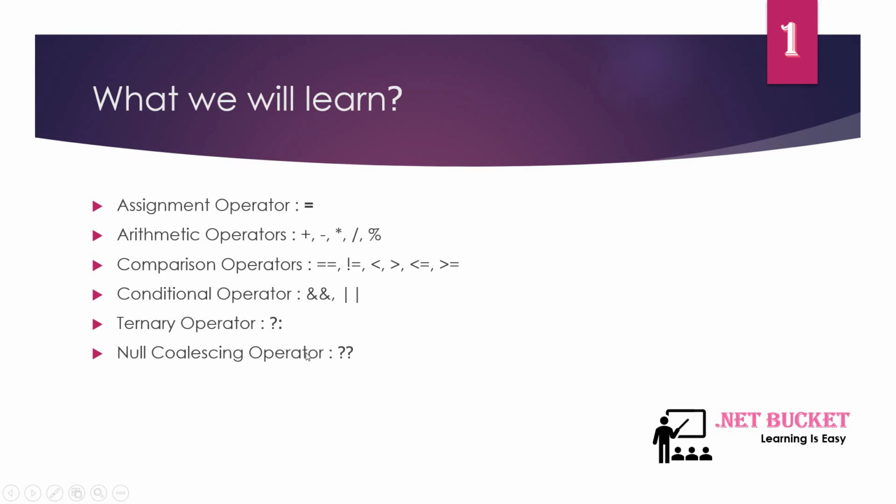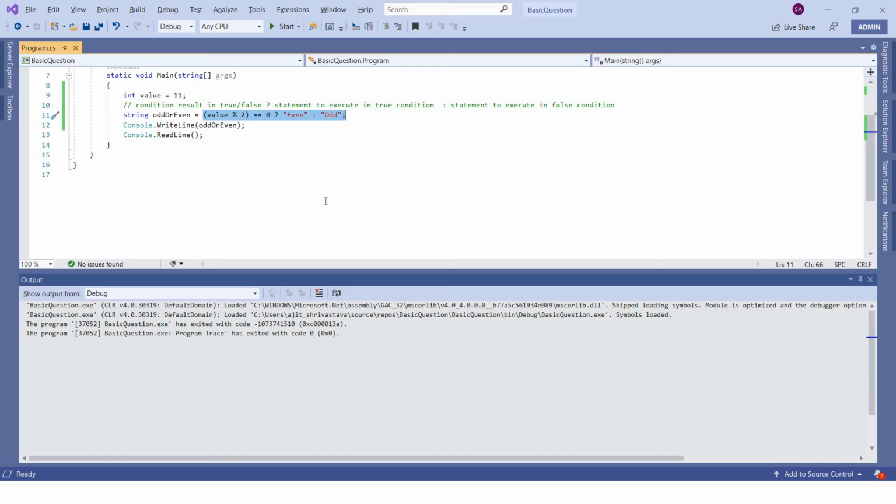The last one is the null coalescing operator. Let's see how we can use it. Let me have this integer as nullable. Currently I am not doing anything. The value is 11, and instead of this, let's remove this.